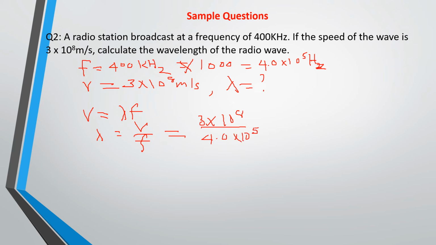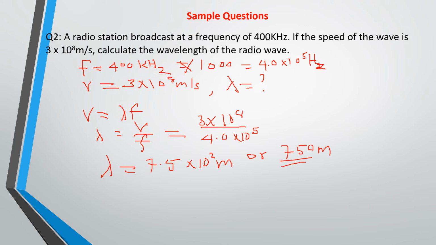Okay, so by the time you work this out, you have that lambda is equal to 7.5 times 10 raised to power 2 meters. Alright, so this is what you have, or you can just write it out fully, that is 750 meters.